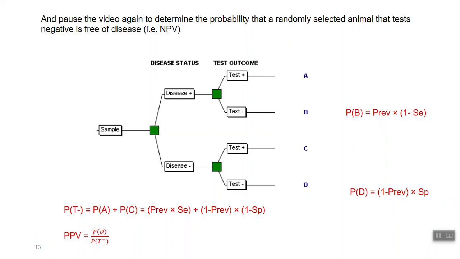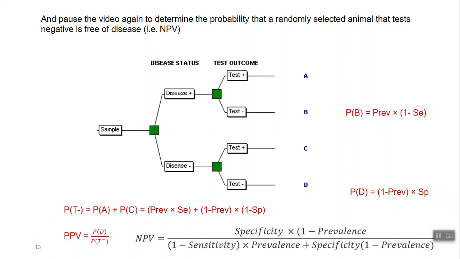So we're going to put the probability of D and we're going to divide it by the probability you test negative, which gives you the negative predictive value that you saw previously. Okay, so this is showing you essentially from first principles where these formula come from.